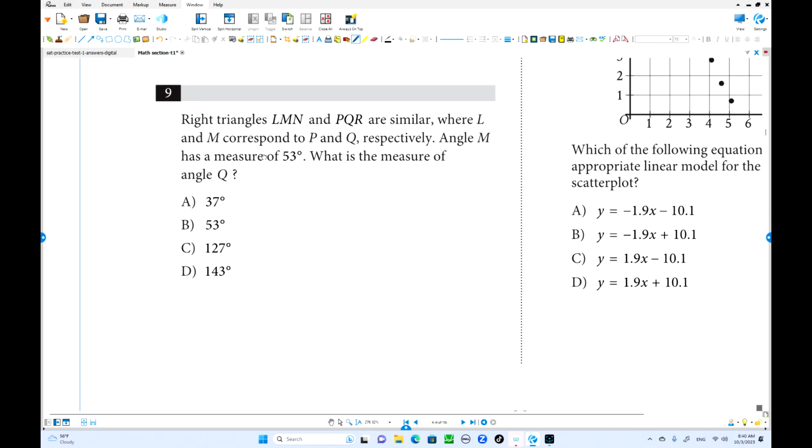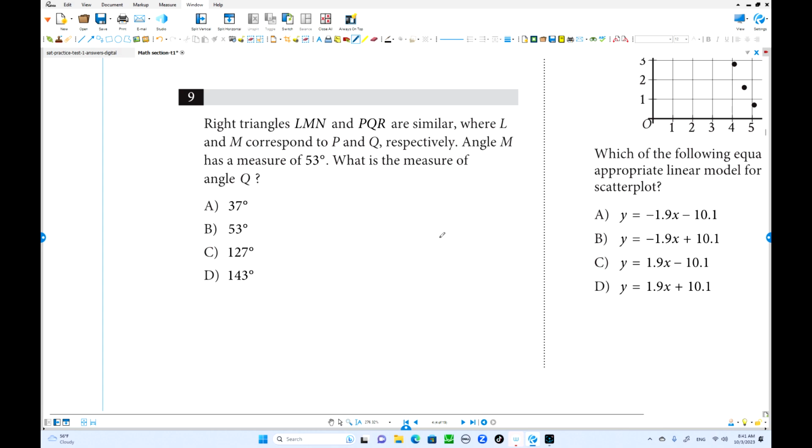Here is number 9. Right triangle LMN, this is what, LP over here, right? They kind of explain. This is corresponding L, corresponding P, M corresponding Q, N corresponding R. So the angles also correspond.